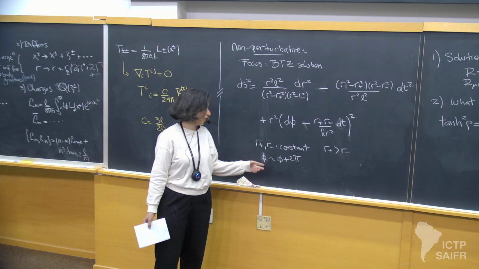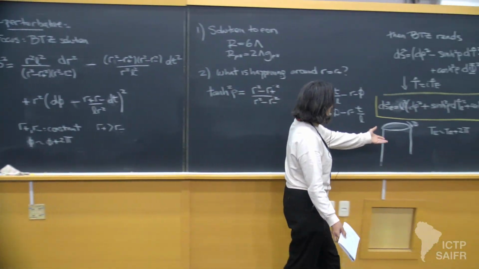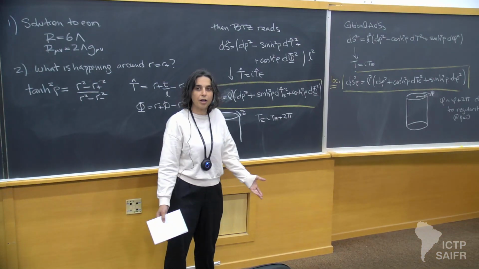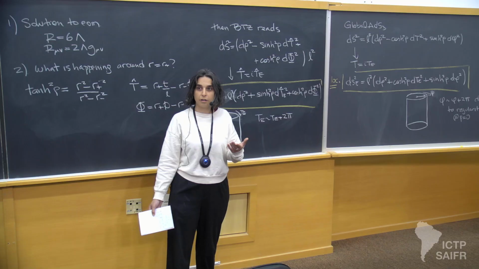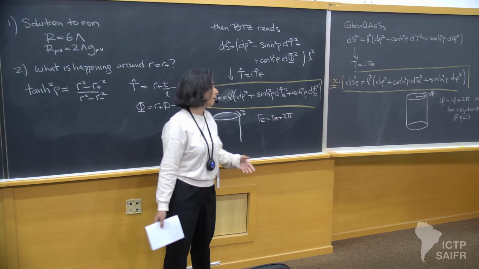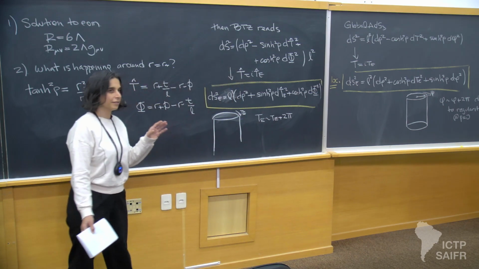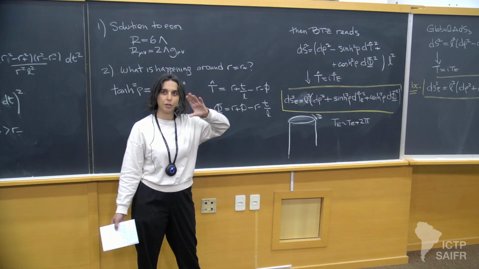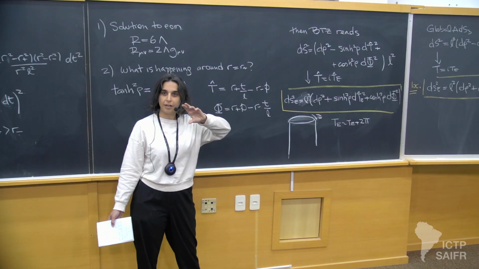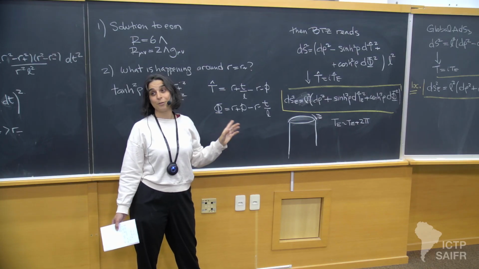Right? Because if I make phi periodic here, it has nothing to do with T_E. So let's track what are the implications of these two different regularity conditions. This regularity condition is basically the same one when Chiara was showing you Rindler space and she was constructing the surface gravity. I'm basically doing the same thing.